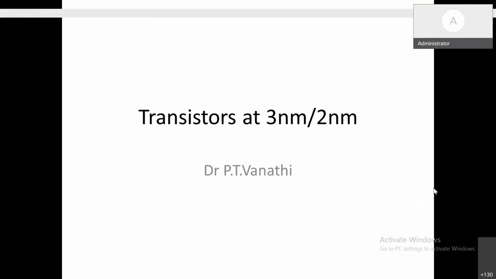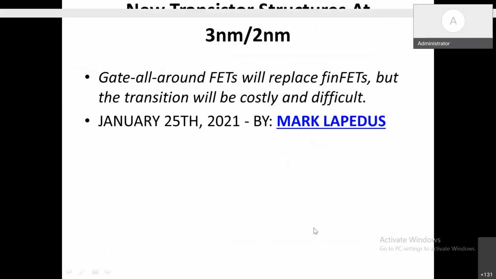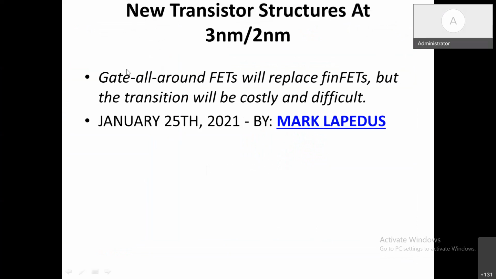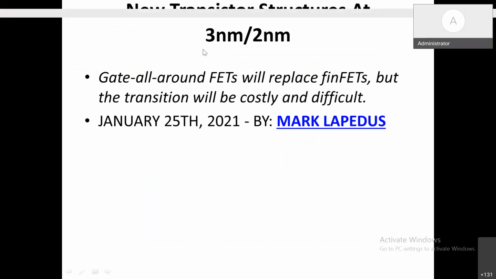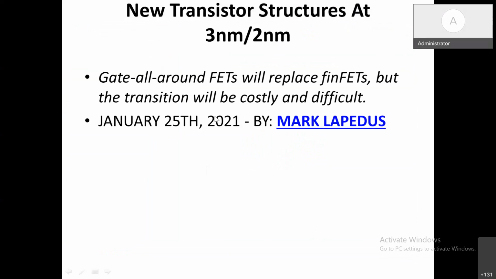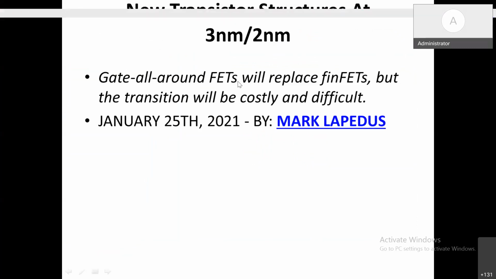So now, as the last part of our presentation, we'll try to discuss transistors at 3 nanometer and 2 nanometer technology. Totally my presentation is from this paper: New transistor structures at 3 nanometer and 2 nanometer, gate-all-around FETs will replace FinFETs, but the transition will be costly and difficult.